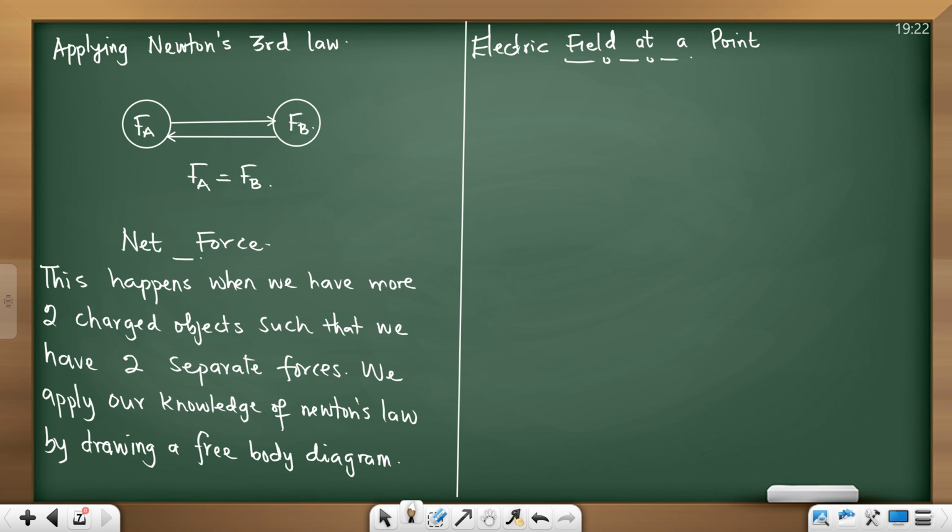There is what you call an electric field. When I say a field, what comes to mind? You're thinking of a sports ground, so it's an area. So an electric field is the area around a charge where the electric force is felt.